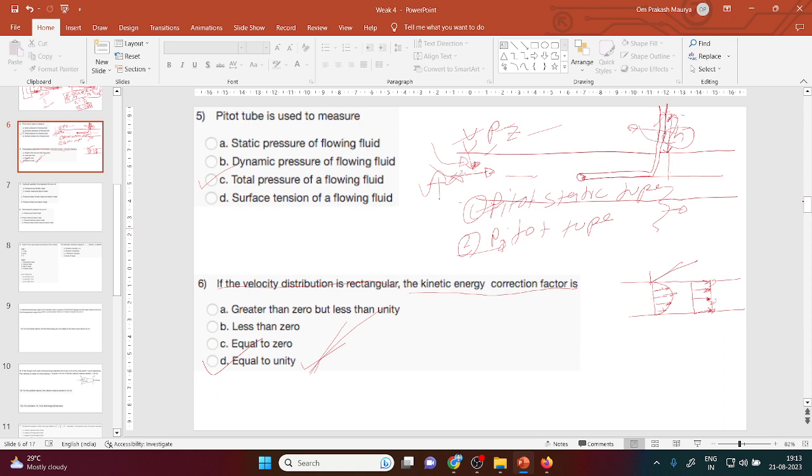Can we not apply Bernoulli's equation to flow through a pipe, since there will be a velocity distribution and viscosity? No, no, you can apply it. In real life, every fluid has some viscosity, right?